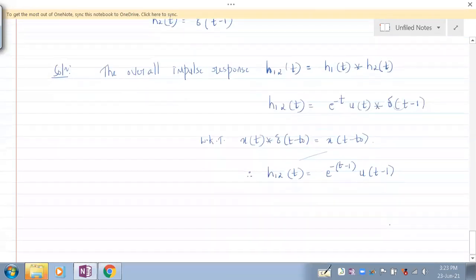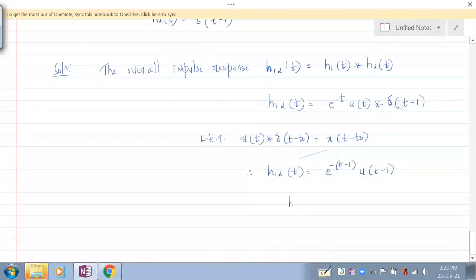Understand? So if we write this properly, this would look like e power 1 minus t u of t minus 1. So this is the overall impulse response.